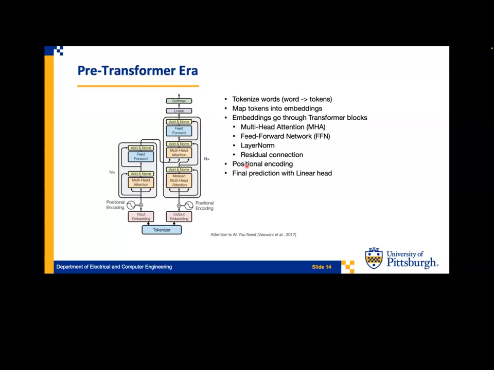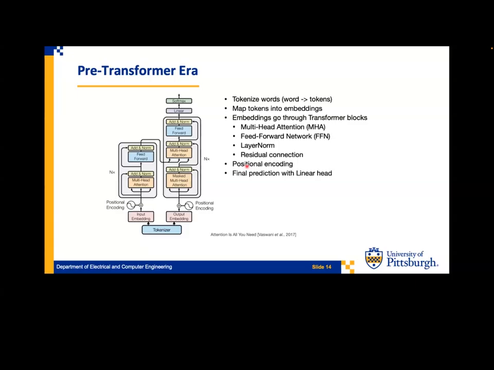And on the right-hand side of the tower, it's also going through the same thing. But you may wonder why I have an input embedding and an output embedding. What's going on here?